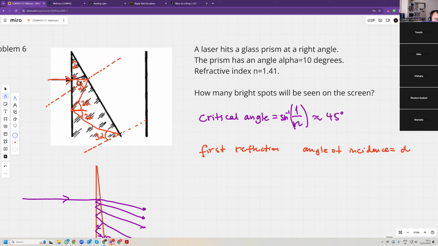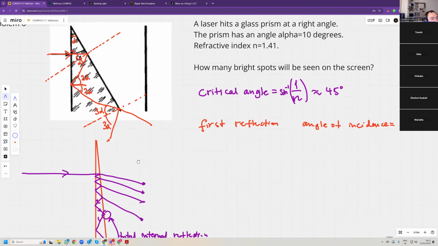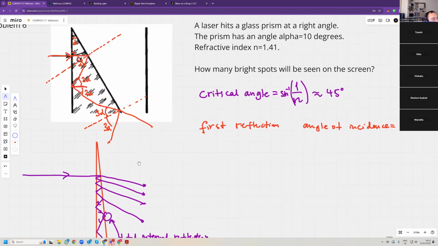And then it's 3 alpha. So that's 6 alpha. Plus another alpha, 7 alpha. Does that make sense?